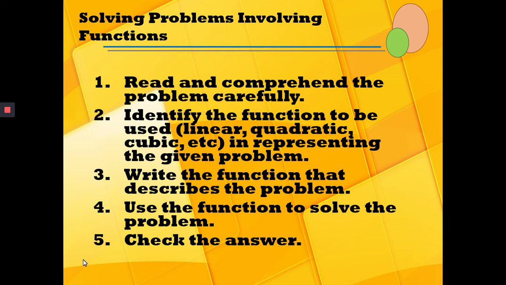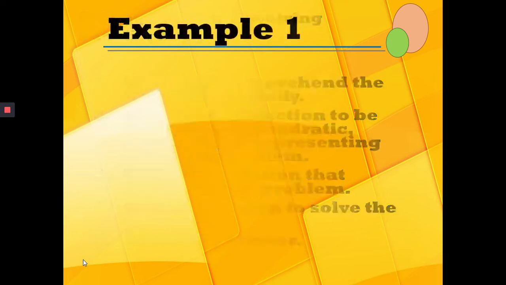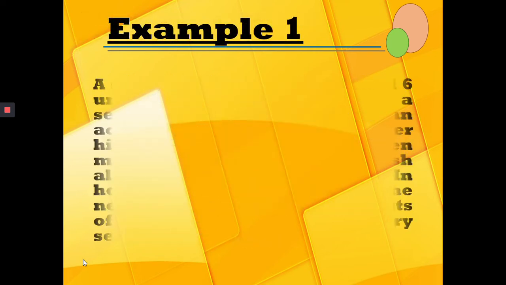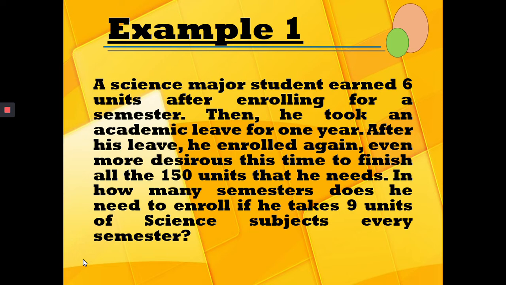Let's start with an example. Example number 1. A science major student earned 6 units after enrolling for a semester. Then he took an academic leave for 1 year. After his leave, he enrolled again, even more desirous, this time to finish all the 150 units that he needs.